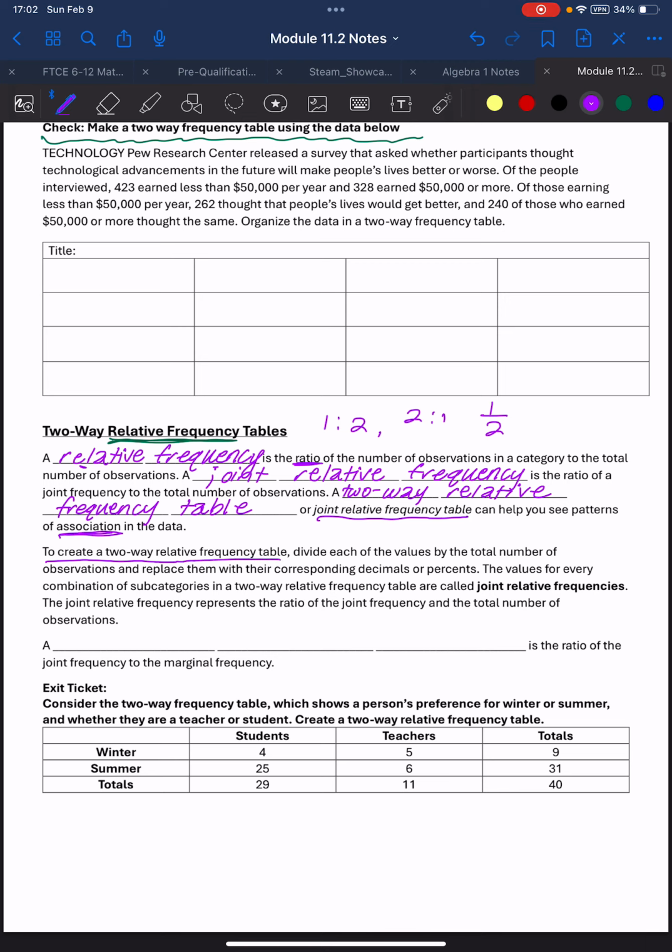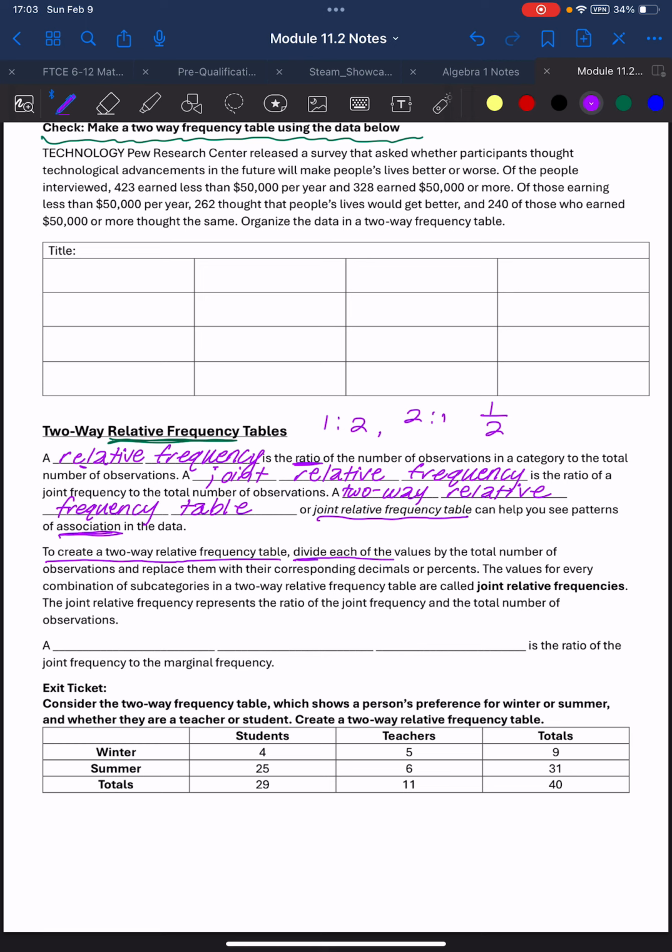So a two-way relative frequency table. To create a two-way relative frequency table, you divide each of the values by the total number of observations and replace them with their corresponding decimals or percents. Okay? So keep this in mind.